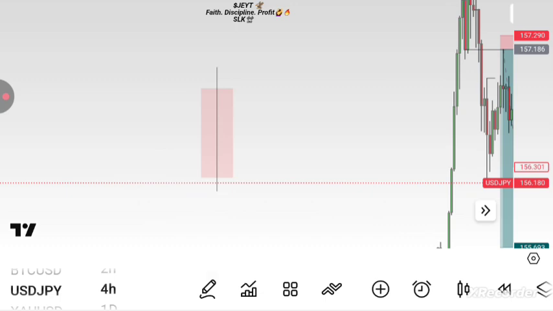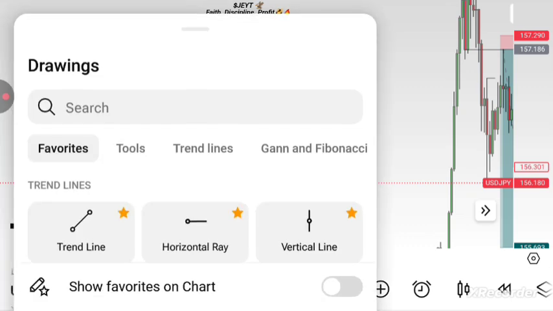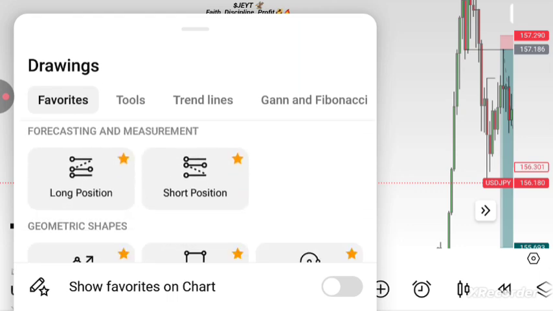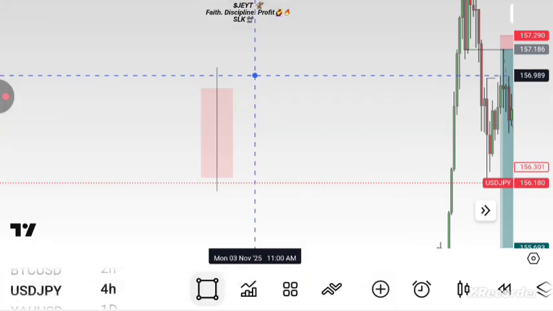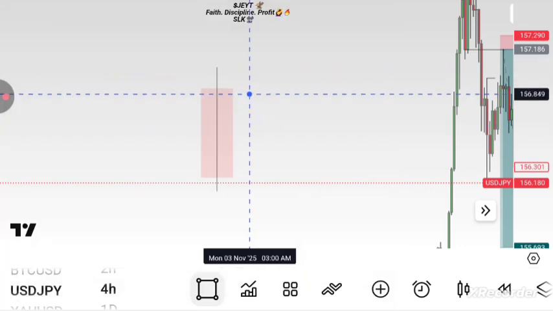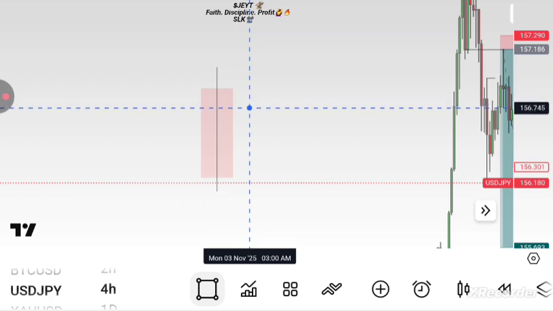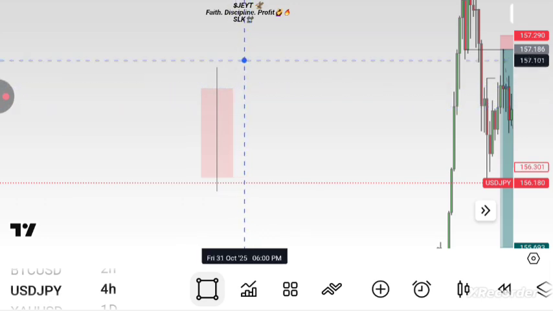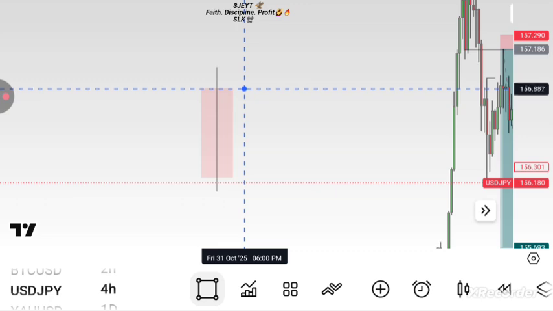Then, if it's a sell, like if it's a bearish scenario, I want to see price sweep the high of this candle and close below it. So I want to see price do something like this.